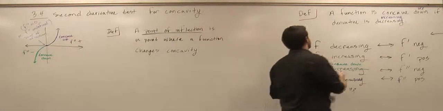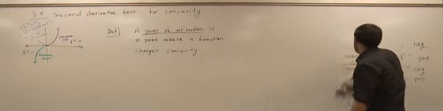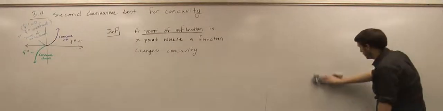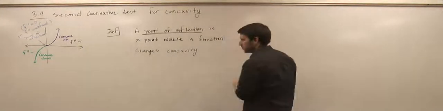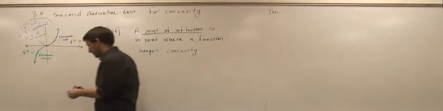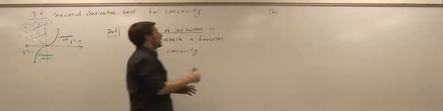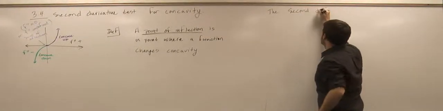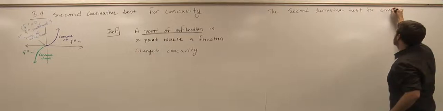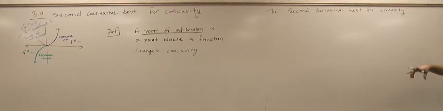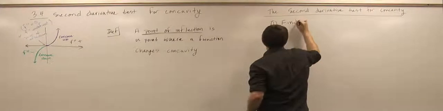Let me write this. Second derivative. So when you test for concavity, when you're trying to find whether a function is bending up or bending down, which is going to help us graph, the first thing you do is find the critical numbers of the first derivative.